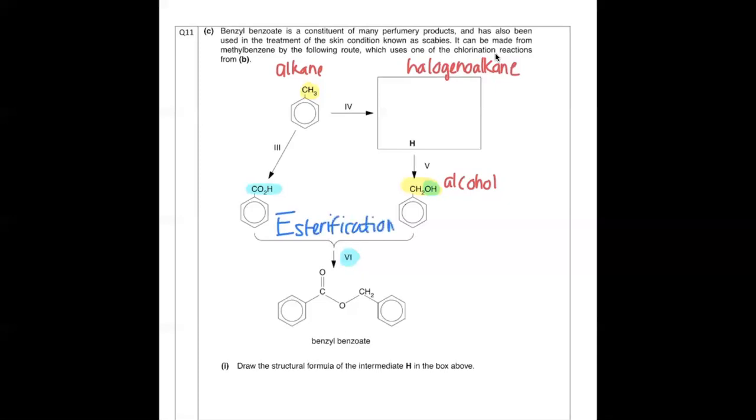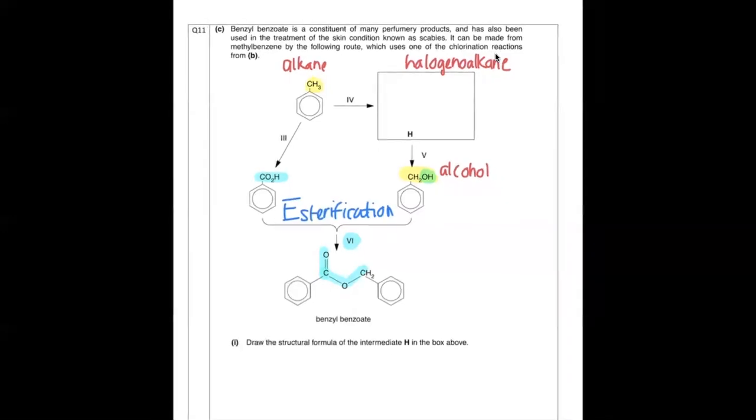And how do you know that? If you look at this new bond that you are forming, COOC, that's your ester bond. Okay, so that's all the hints that I'm going to give you for question 11.